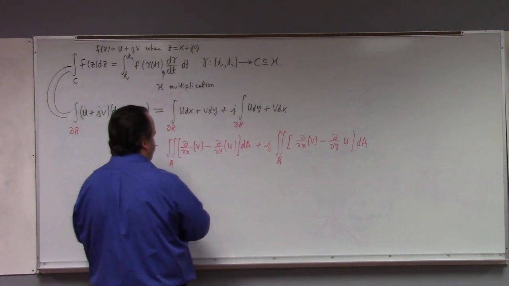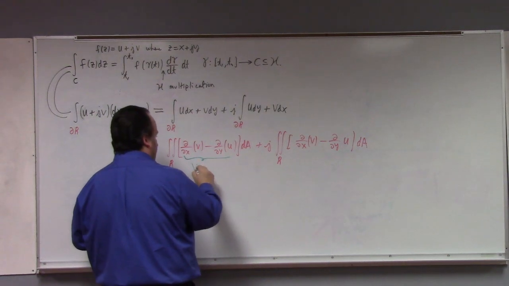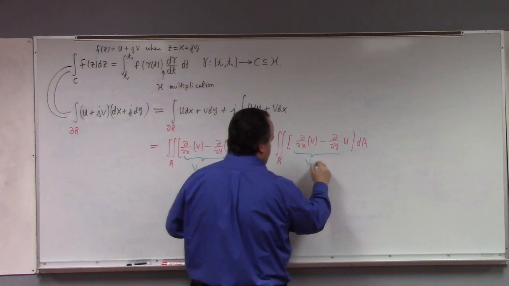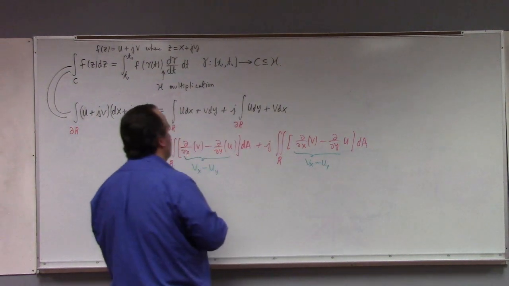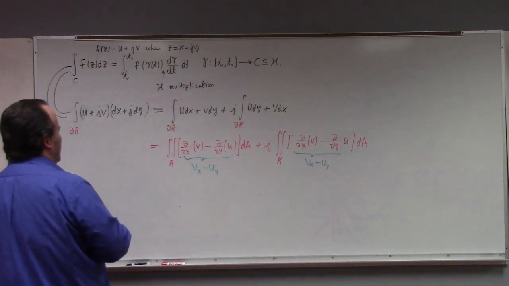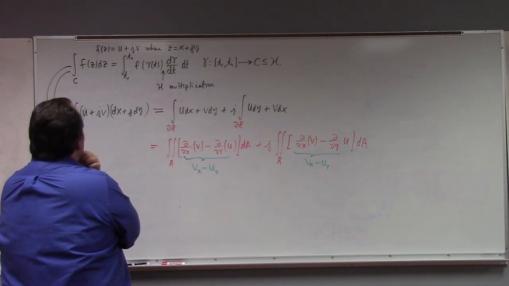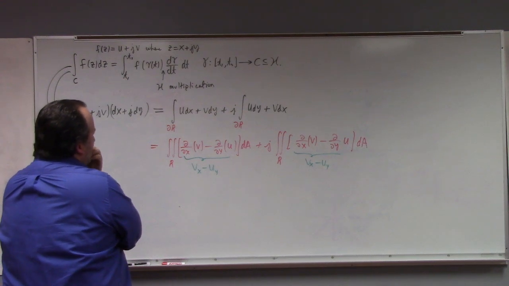This is what? Vx minus uy. I might have flipped things around. Is that right? Feels too similar. I think it should be Vy on the right. Did I flip them?